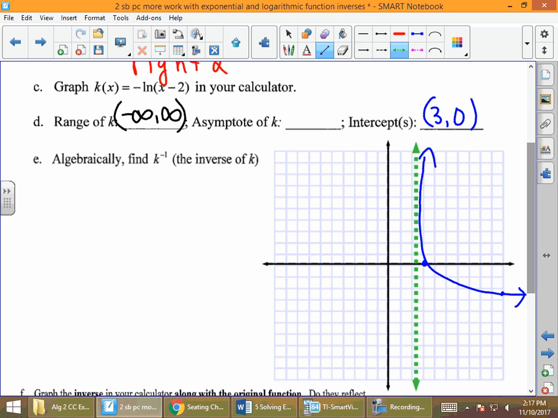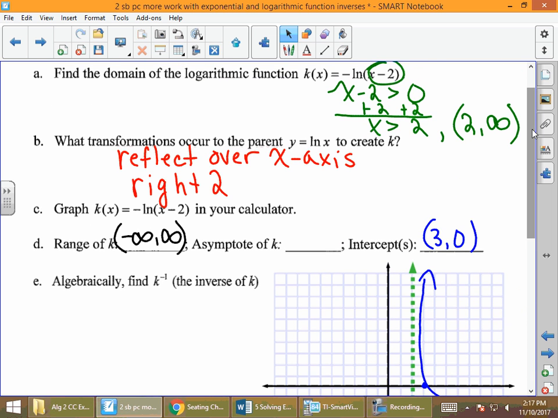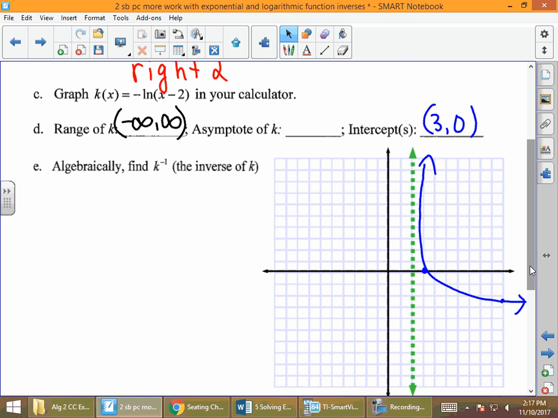The reason I know it's there is I went back and looked at the domain, and the domain says 2 to infinity. That's why I put our vertical asymptote on the 2. So this one is x equals 2.